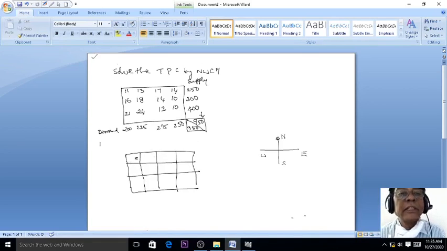So please enter the elements here: 11, 13, 17, 14, 16, 18, 14, 10, 21, 24, 13, 10.